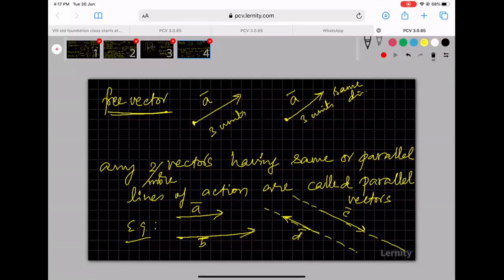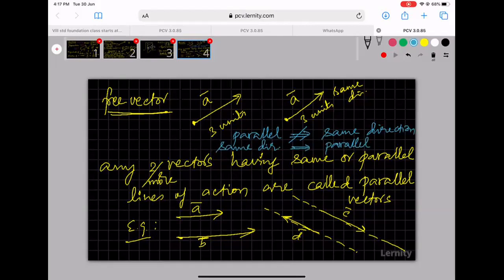So understand that parallel does not imply the same direction, but the same direction implies parallel vectors. Opposite direction also implies parallel vectors.